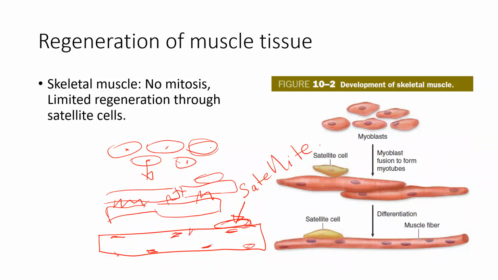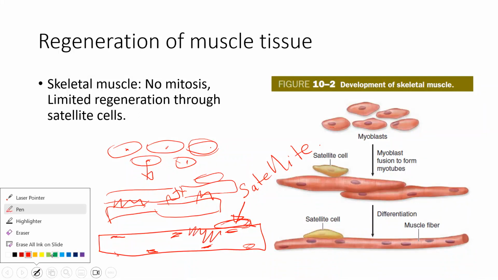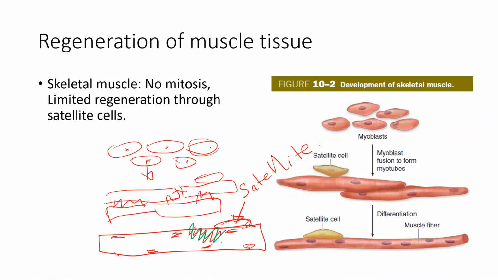So when there's damage to the muscle cells, the satellite cells get activated. When these get activated, they start to divide, and again this process will begin, right?